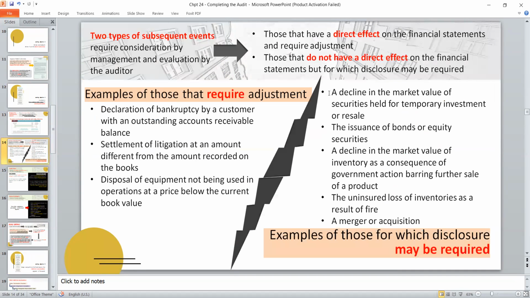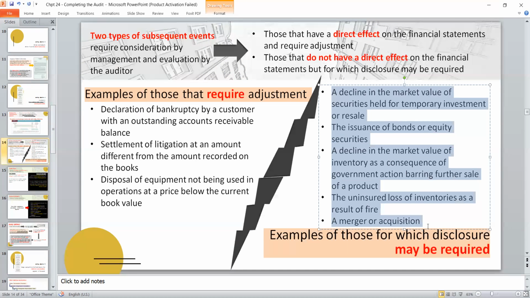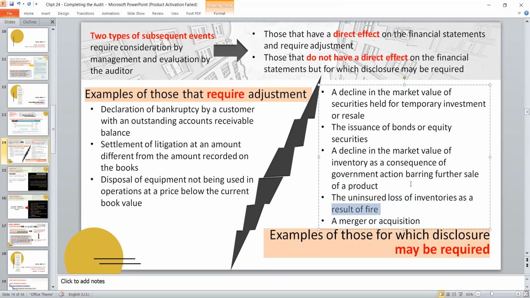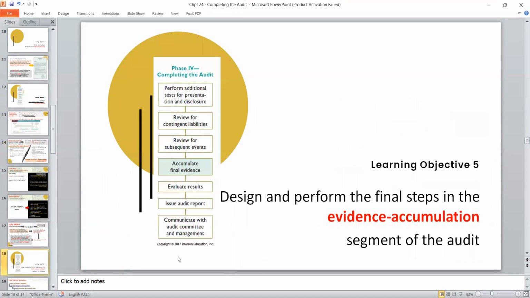Especially for this example, merger and acquisition, you need to disclose the disaster, the impairment, the issuing of bonds, maybe making a bank loan also, something like that. Now we can continue.